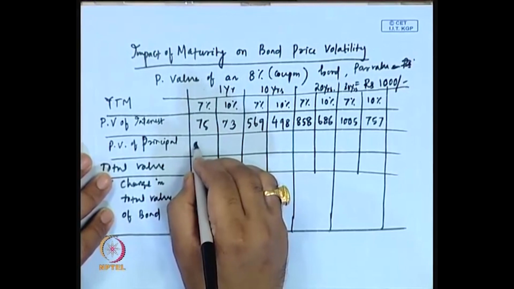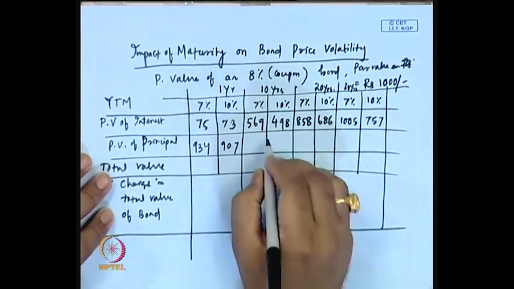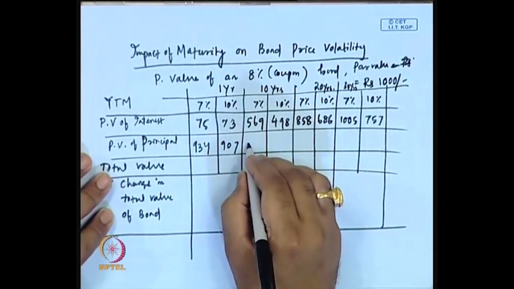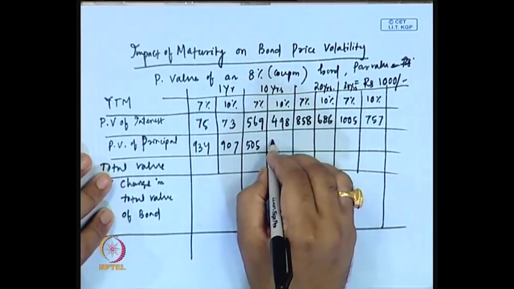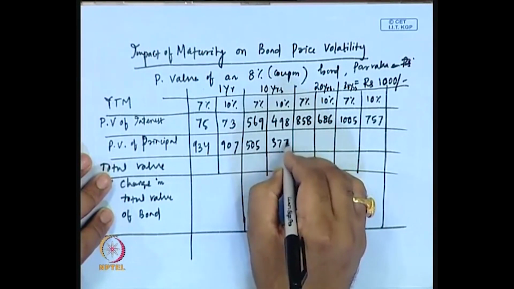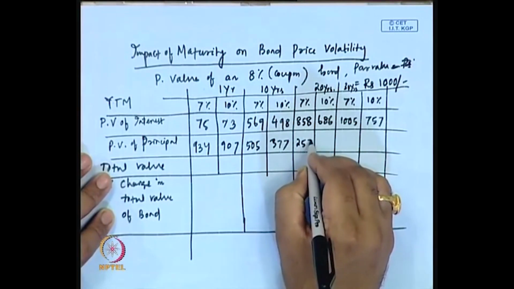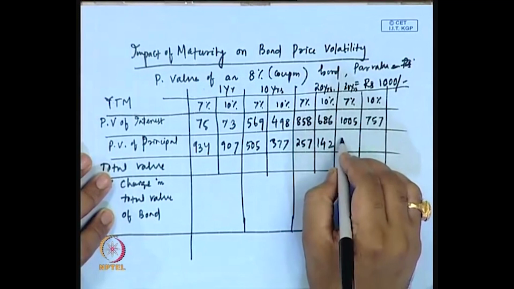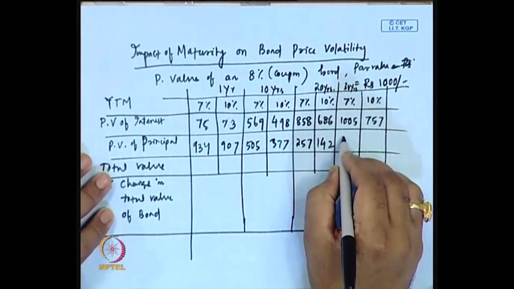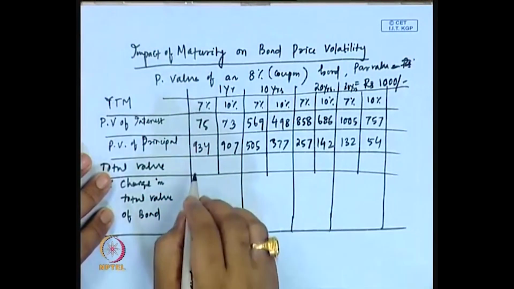If you discount it, it will be 934 at 7% and 907 at 10% for 1 year. For 10 years it is 505, and if you discount it at 10% for 10 years, 377. For 20 years it is 257 and 142 at 10%; here it is 132 and here it is 54.